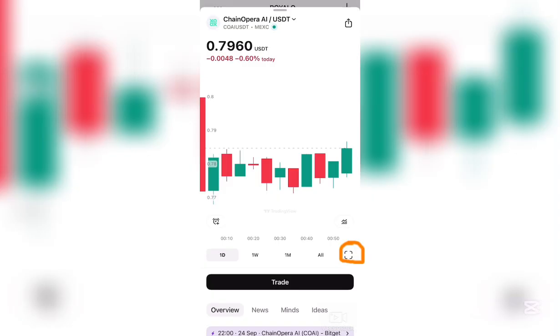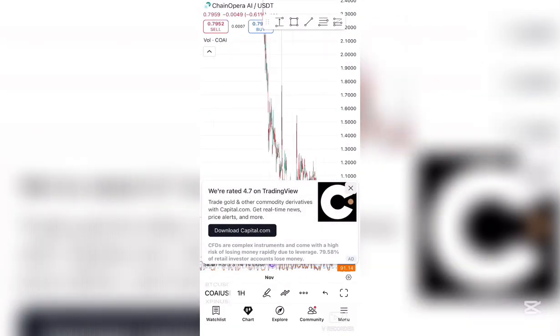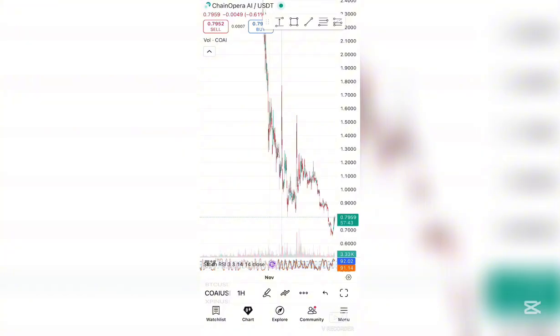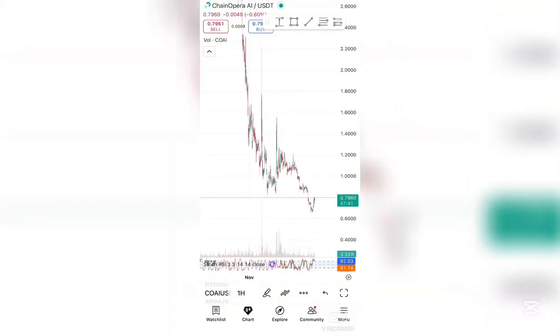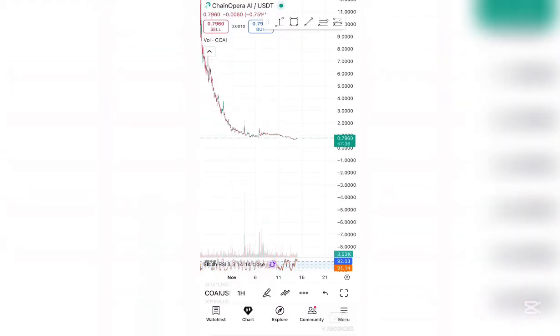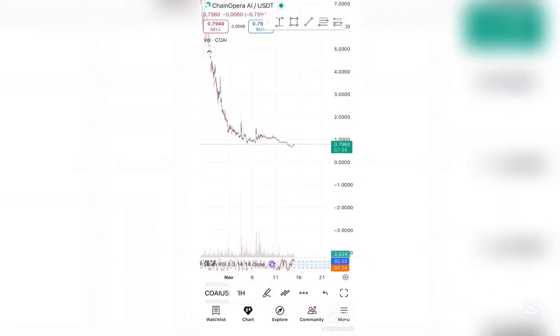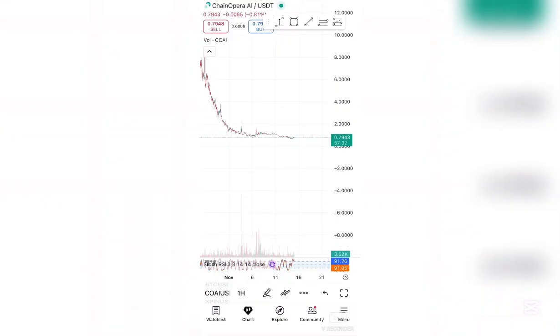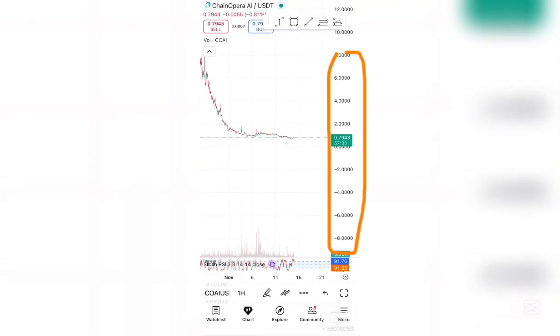Good. So after clicking, if you want to see the chart proper, you click on this rectangle sign just adjacent to where we have the day, week, month. When you click there, it brings you to the main charts. Now you see what I'm doing. You see where the prices are, the 2, 4, 6, 8, 10.